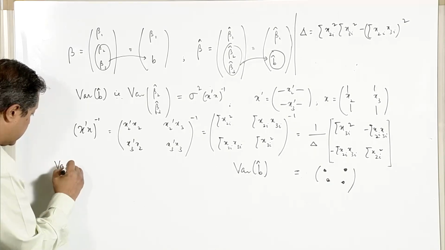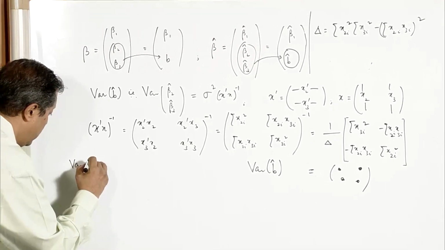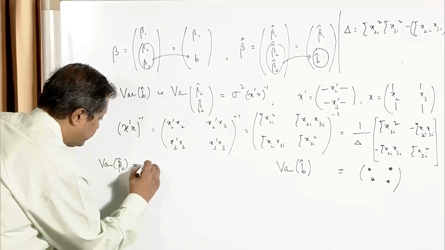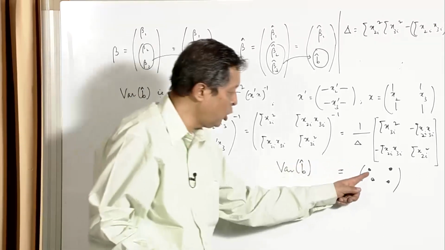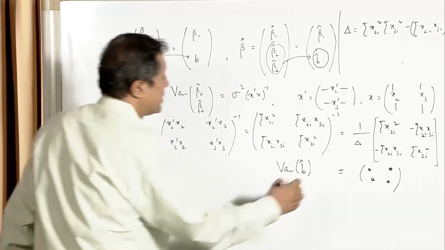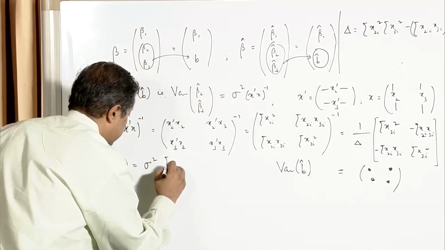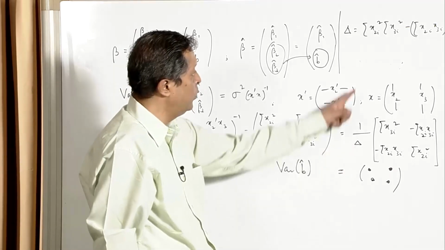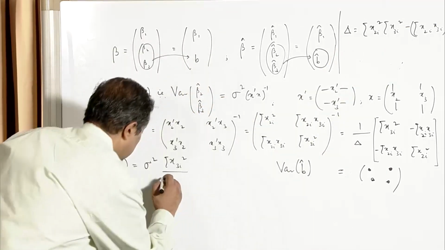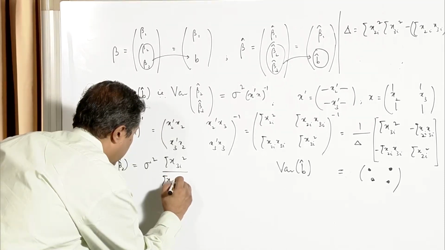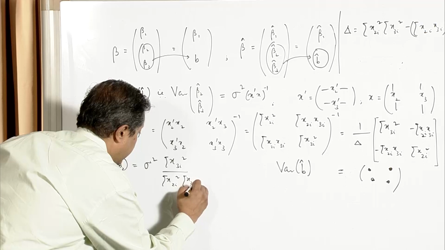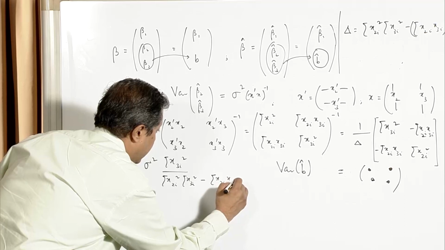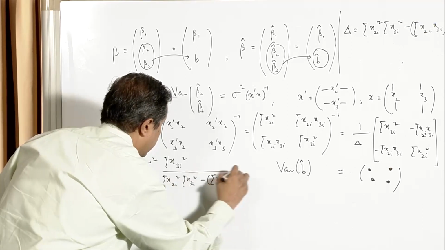So, variance of beta 2 hat will be equal to sigma square and this first top left corner element, which is summation x3i square divided by this delta, which is this expression, summation x2i square summation x3i square minus summation x2i x3i whole square.